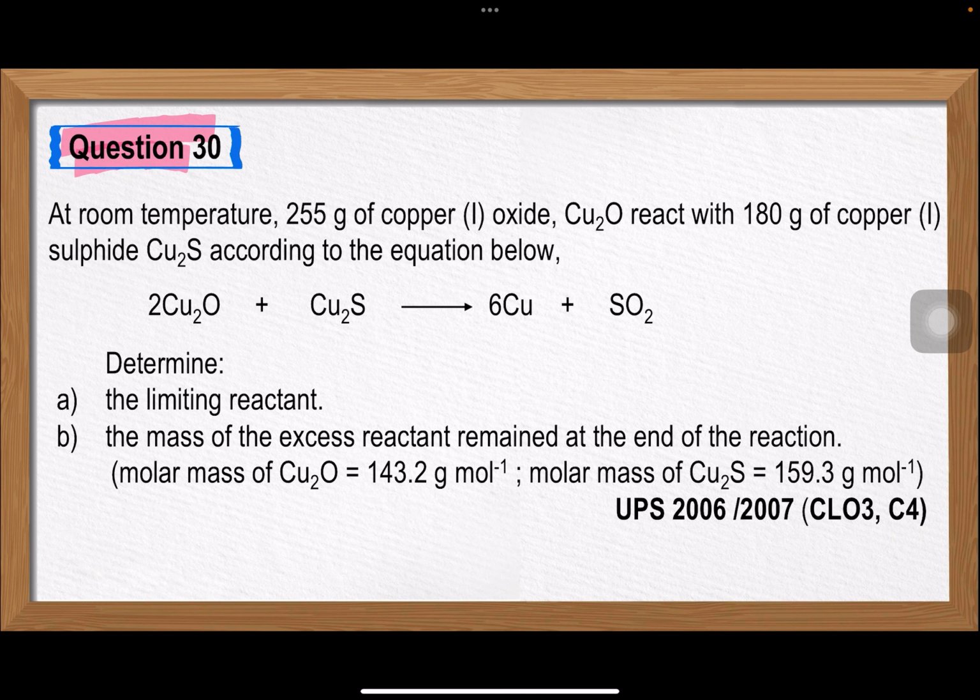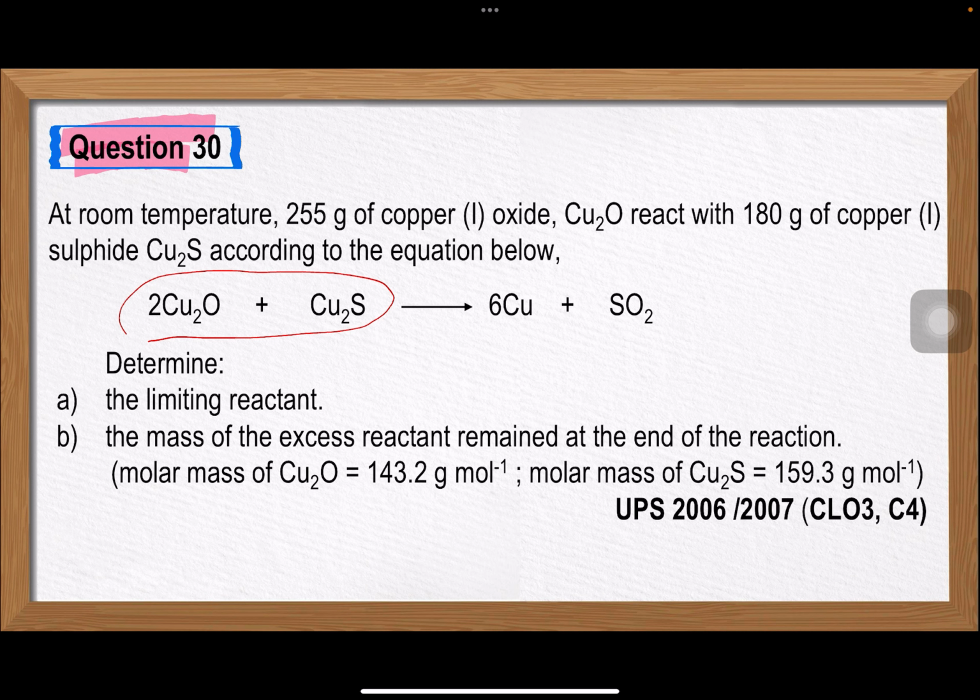Okay, number 30 from the reaction. Determine first the limiting reactant. Given 255 gram copper oxide and 180 gram copper sulfide. What is the limiting reactant? From these two reactants, which one is the limiting reactant?